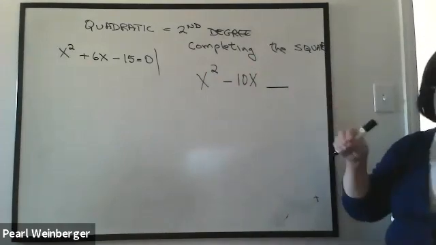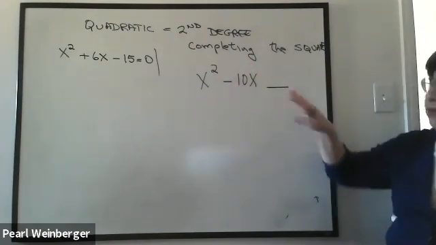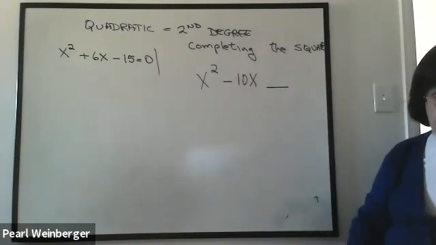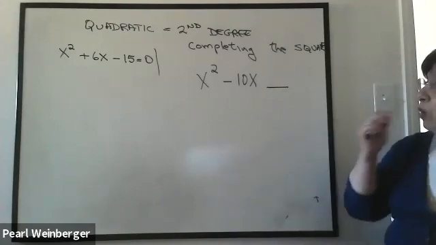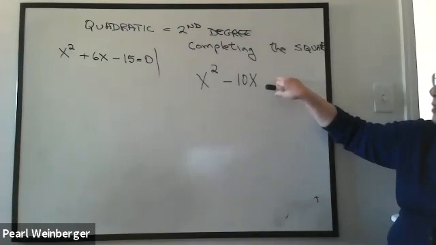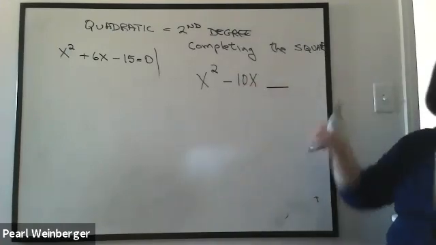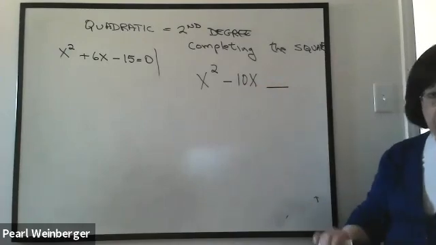And I want this to be a perfect square. I want this to be a binomial squared. What number would I have to have over here that would make this binomial into a trinomial that's a perfect square?